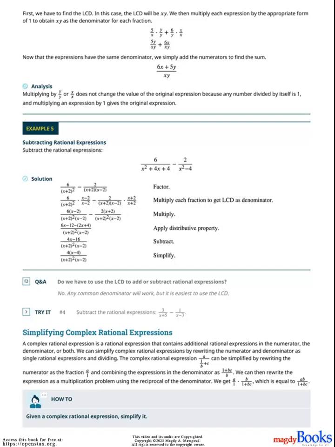Factor: 6/(x + 2)² − 2/((x + 2)(x − 2)). Multiply each fraction to get the LCD as the denominator.